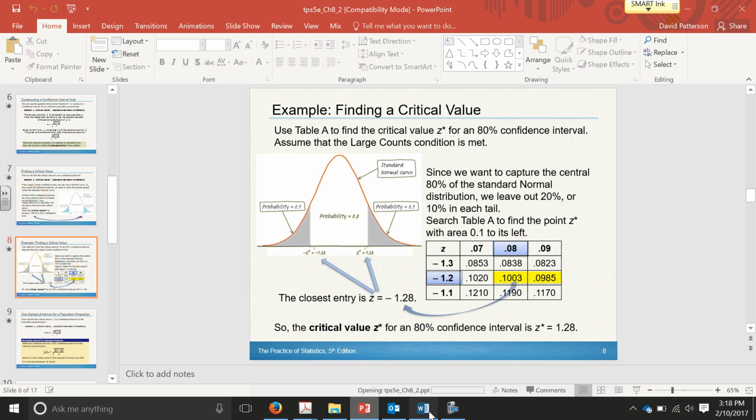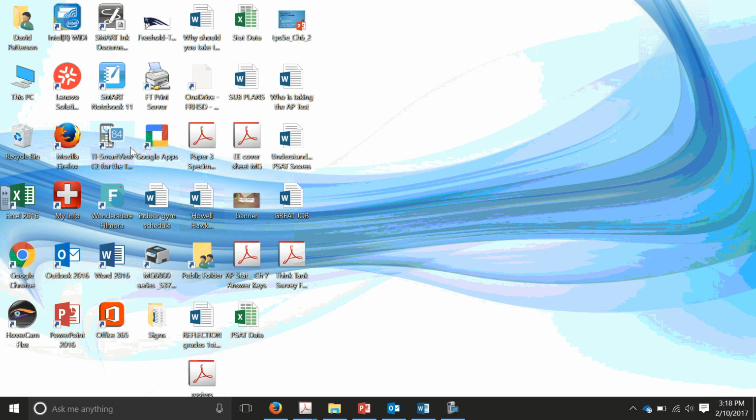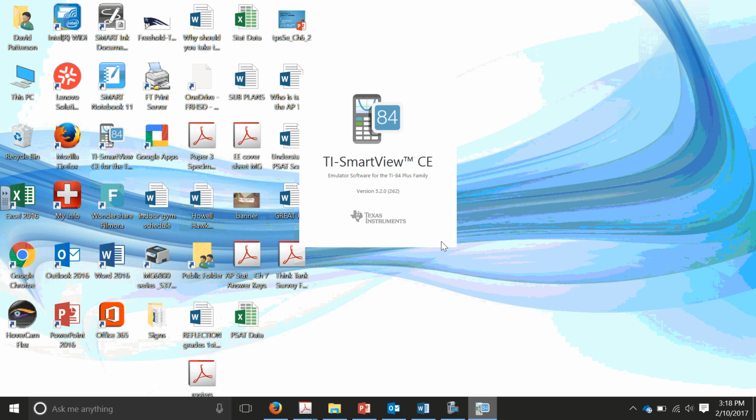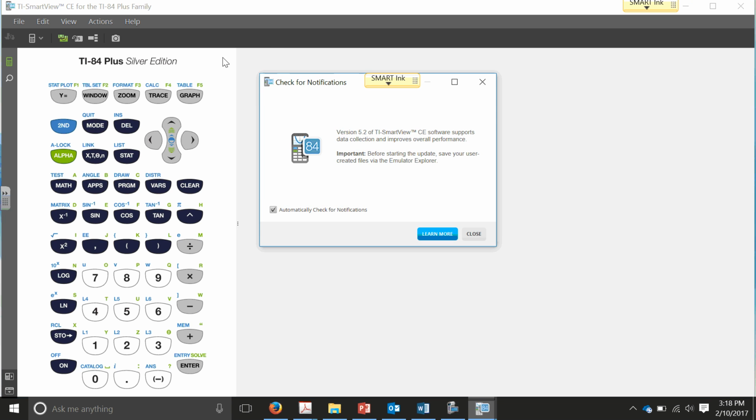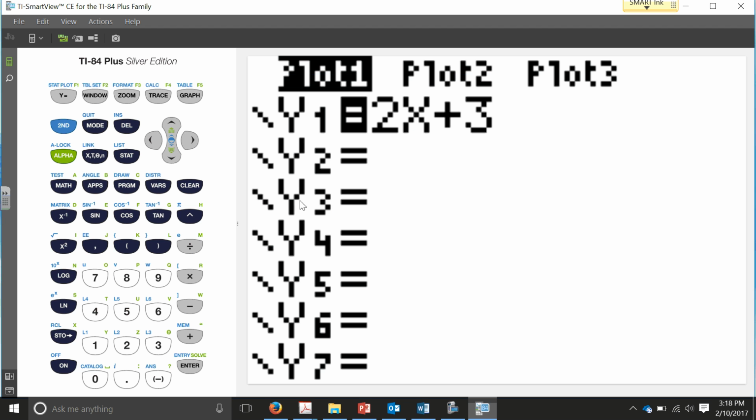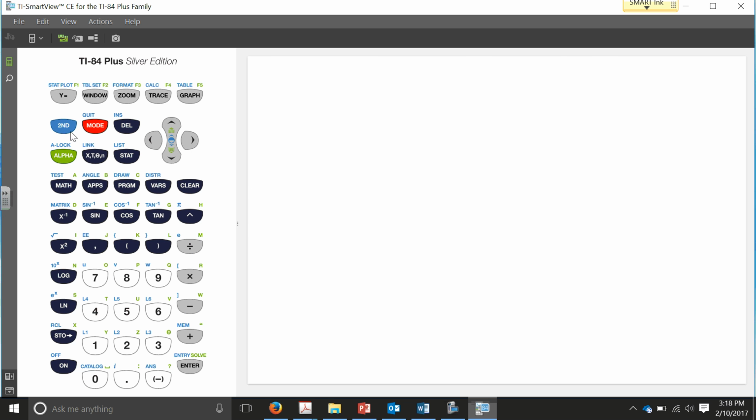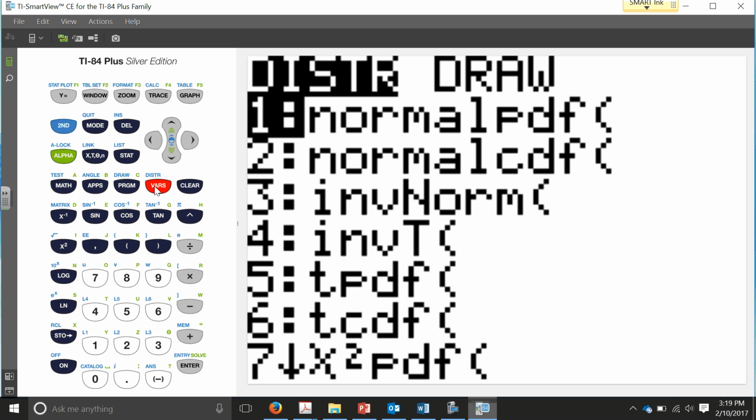But if you wanted to be more exact, you could use your graphing calculator. If you're looking for an 80% confidence interval, then you can go ahead and use inverse norm, which is in the second vars menu.